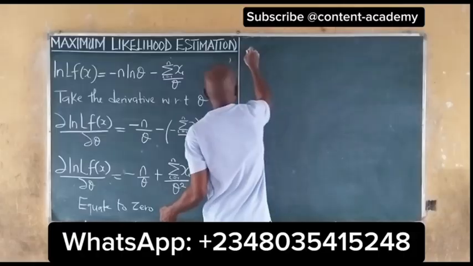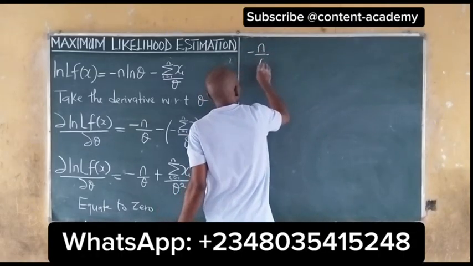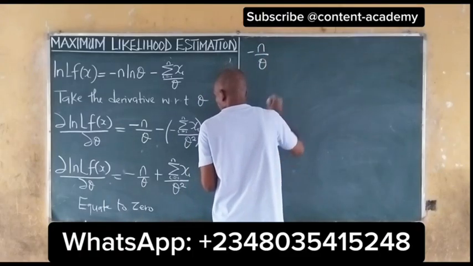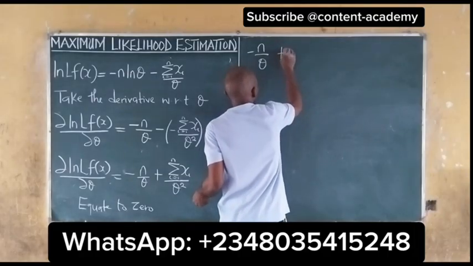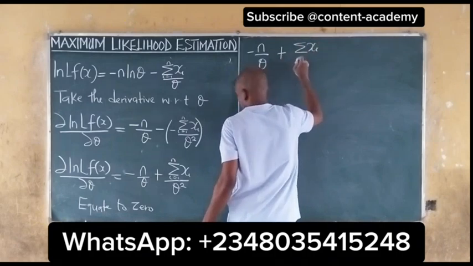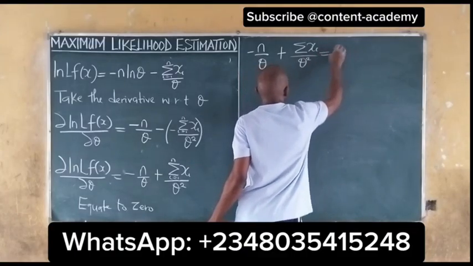So equating to 0, we can write it as negative n over theta plus summation of xi over theta squared equal to 0.